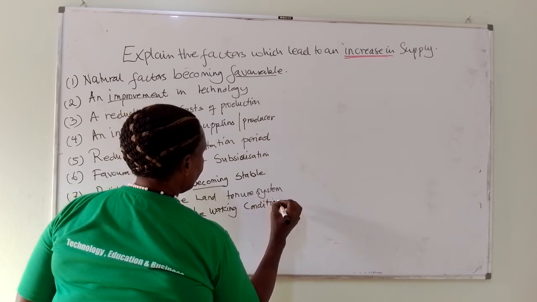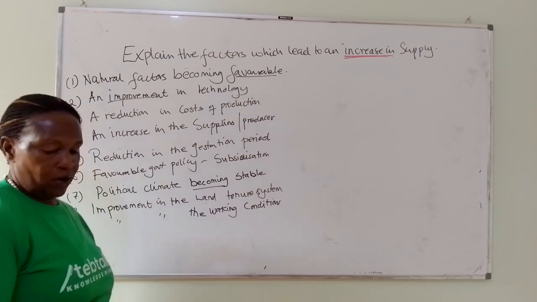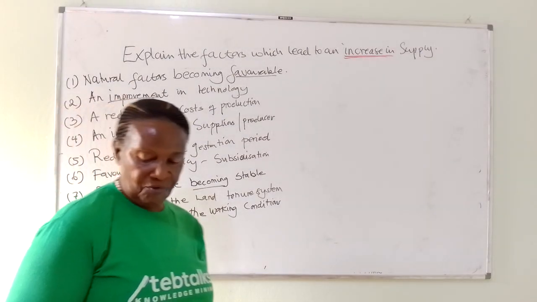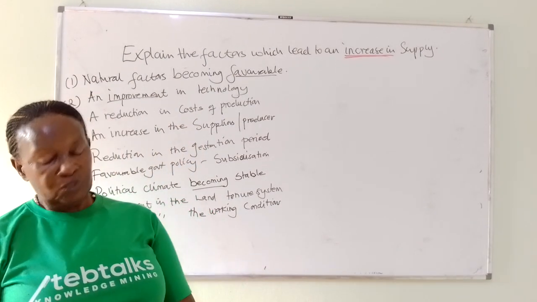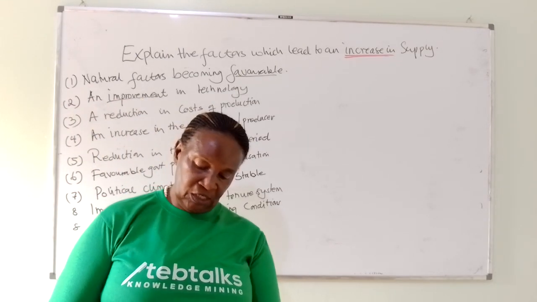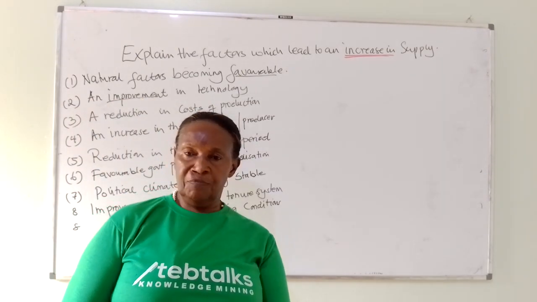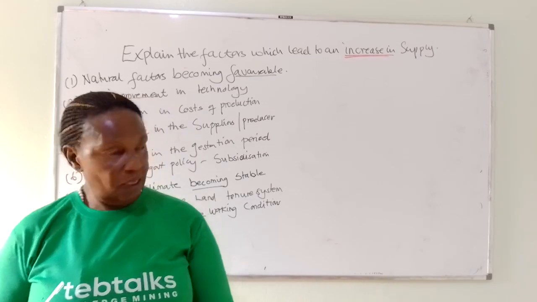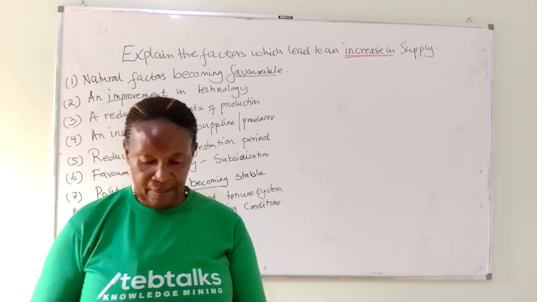So whenever these ones improve or become better, workers are happy and they are ready to give in their utmost in terms of energy, time, and efficiency and productivity, and they increase the supply.